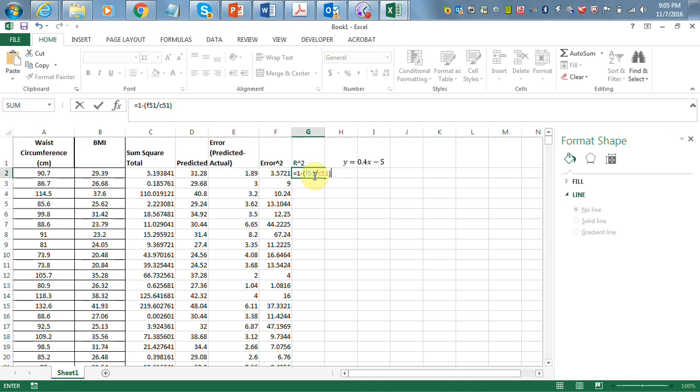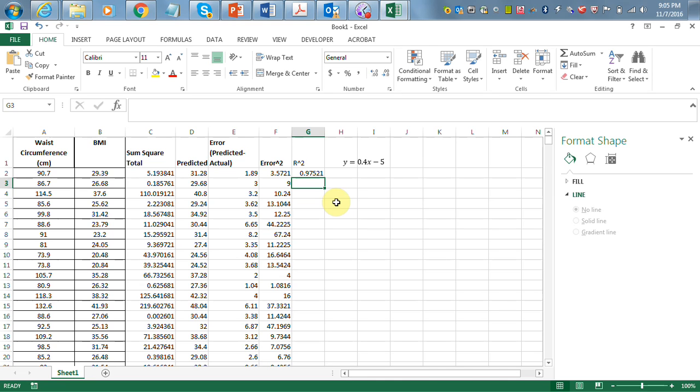And you would like to theoretically have 100% of the variance explained by your model. It's never going to happen. But you'd like it at least to be above 0.90 in the case of a model. So I get 0.97521. Not bad. It's not terrible.